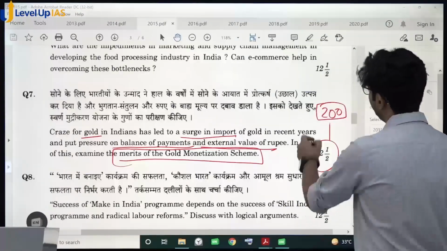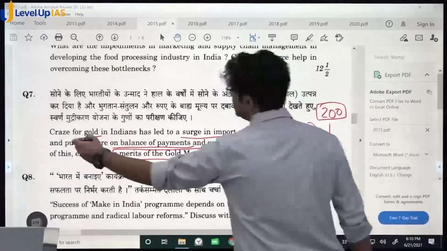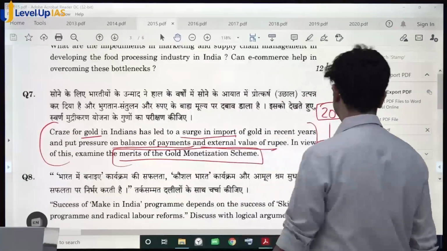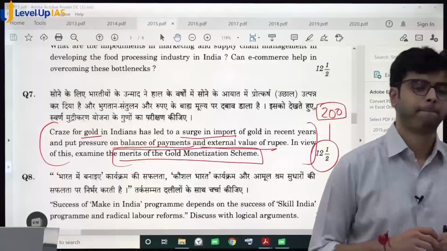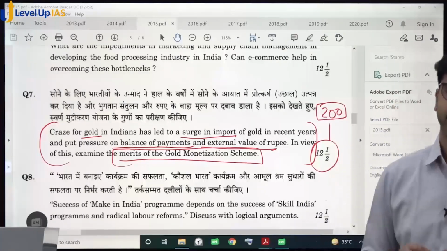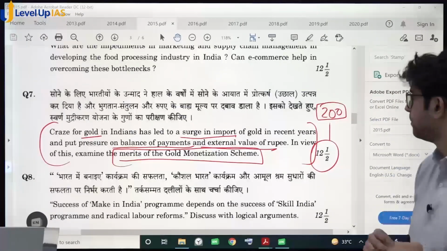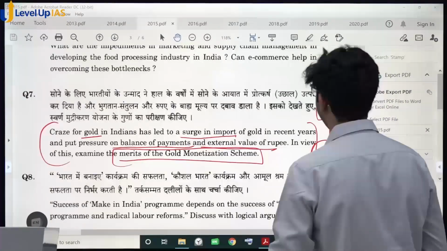Now the question is how many parts? How many parts do you think?